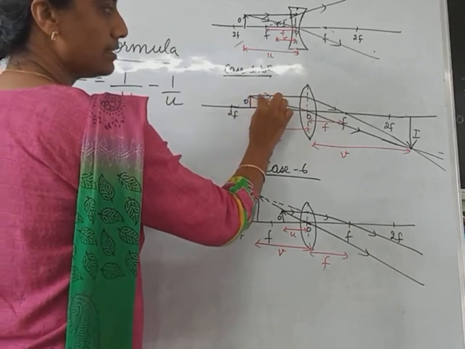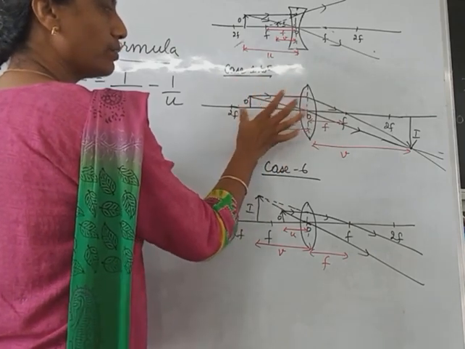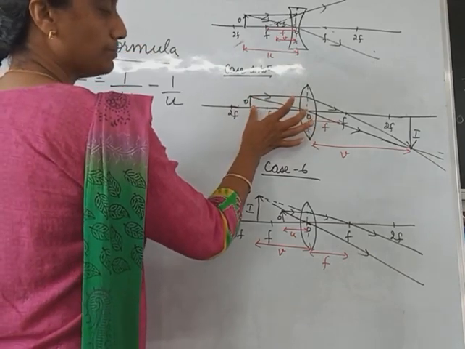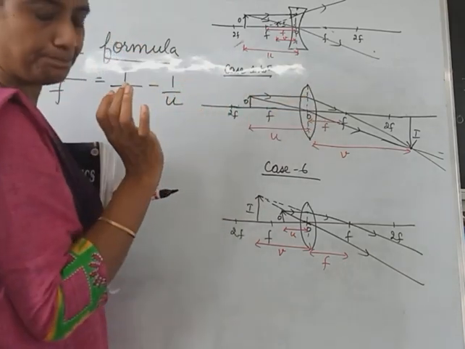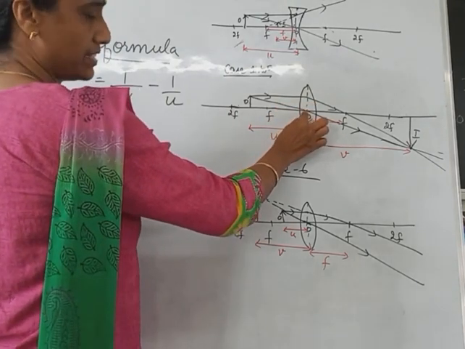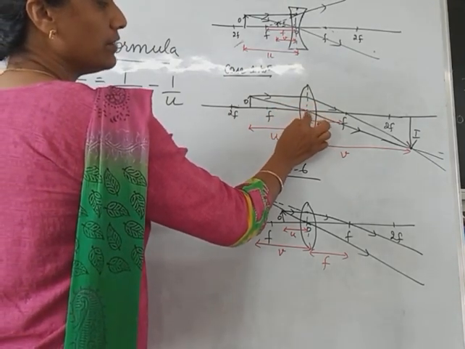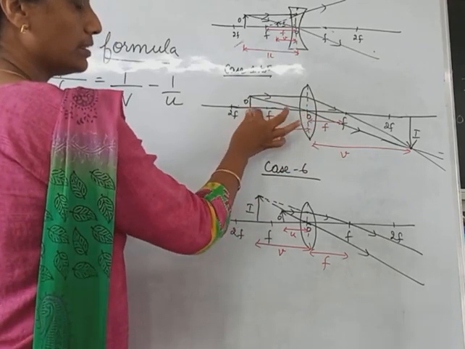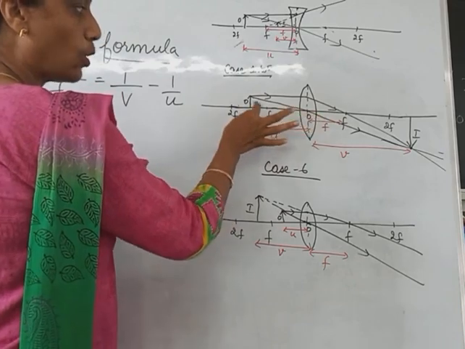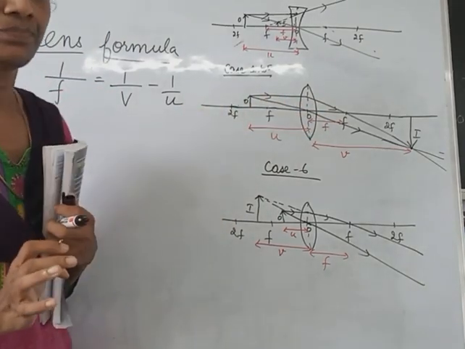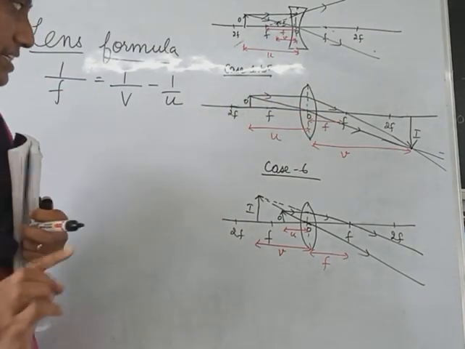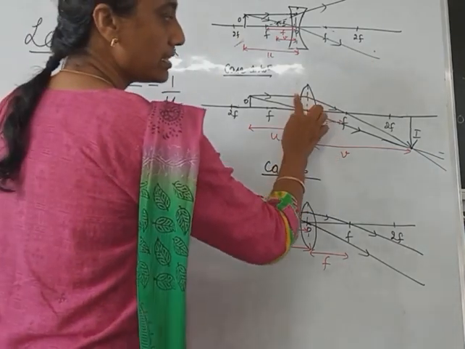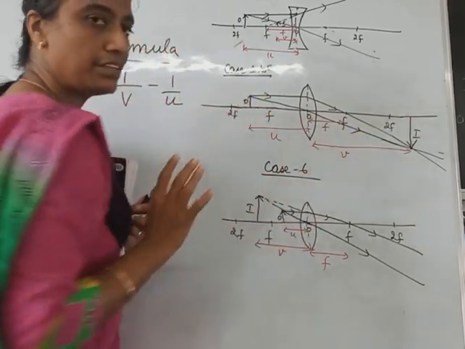In this case the incident ray is coming like this, and u is the distance between object and optical center. O is the reference point. When I measure u, I measure from O to the object position, which is opposite to the direction of incident ray, so it is considered negative. Whereas v is in the direction of incident ray, so v will be positive.